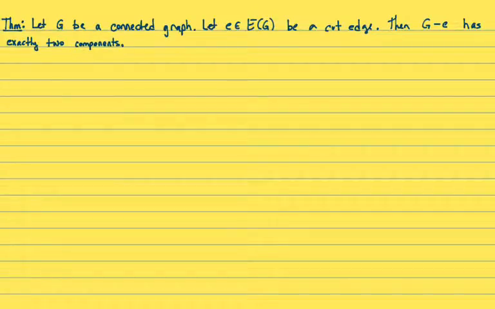In other words, if E is a cut edge, then removing that cut edge from a connected graph creates exactly two components. It cannot create more. So we want to prove that a cut edge can't be removed and then leave you with three or more components.